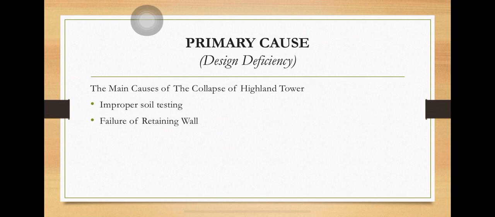It is the failure of a designer to design an adequate retaining wall to contain the site and the building that stood on it. To make it simpler, the design of the retaining wall is not good enough to fortify the building site and to hold the soil that is falling down from that hilly area.